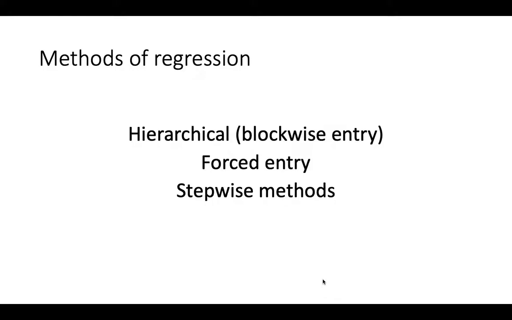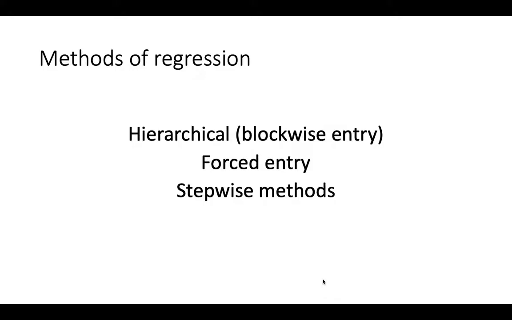The hierarchical or blockwise method is where the experimenter, so you, decide in which order to enter your variables. A general rule is that known predictors should be entered into the model first in order of importance, and then you add the new variables.